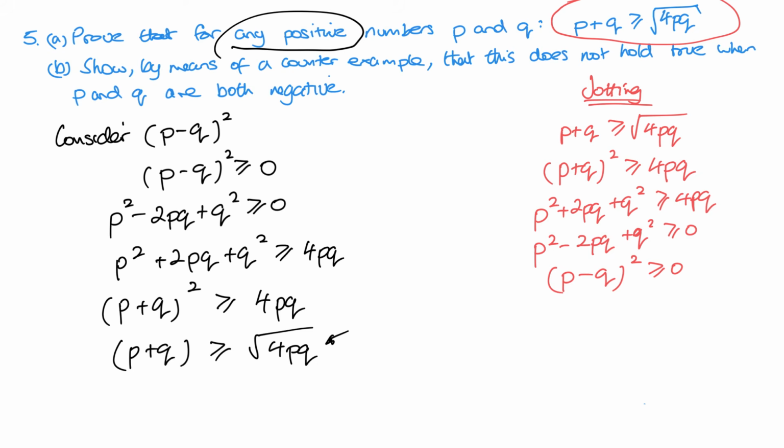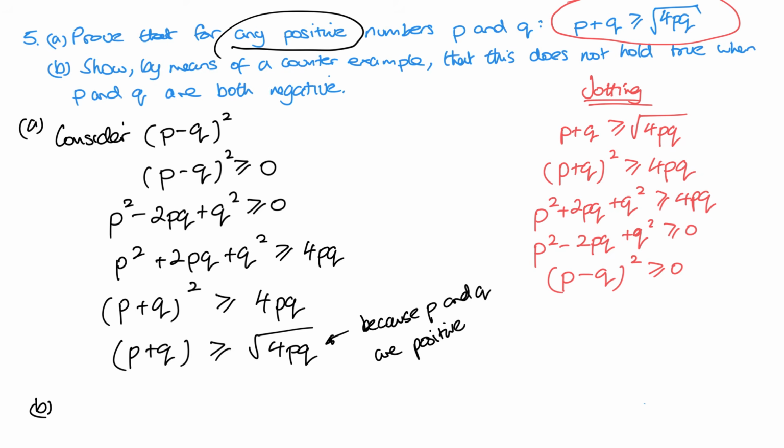So we can say here p and q positive, because the square root of a positive number is what you want. You want to put that in there somewhere, because it's nice to say where you're using the condition from the question within your proof. That is essentially all I need for part A.